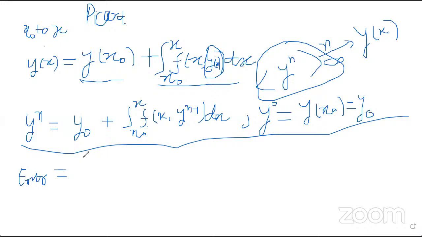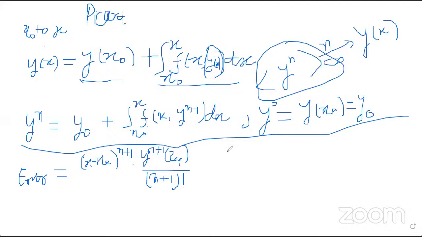So error is h power n plus 1, where h is x minus x naught, power n plus 1, times the y n plus 1 derivative at xi, divided by n plus 1 factorial.